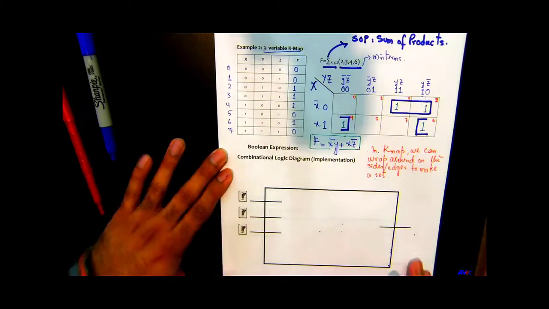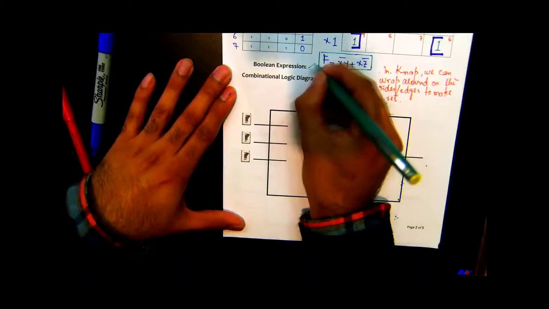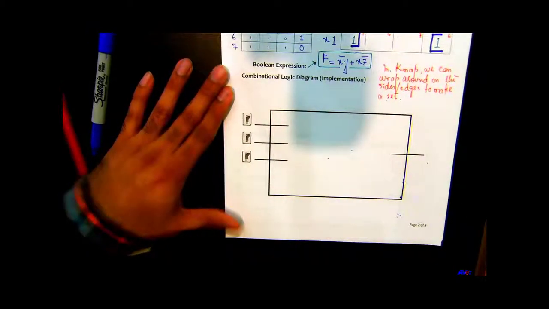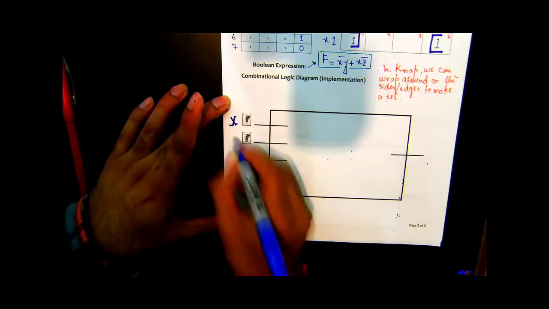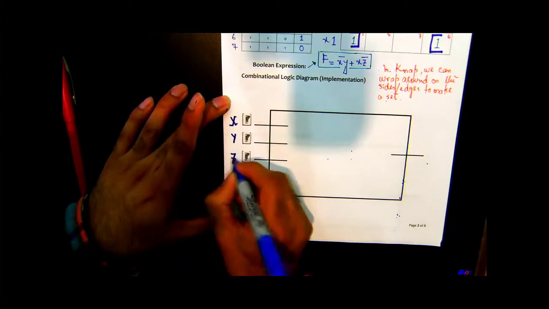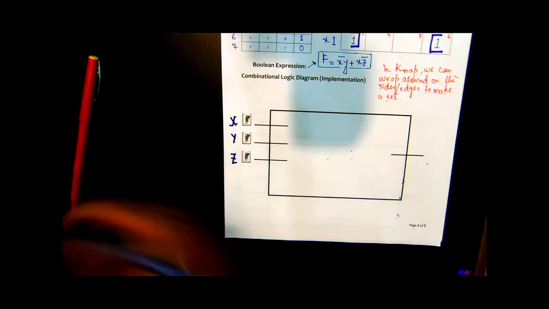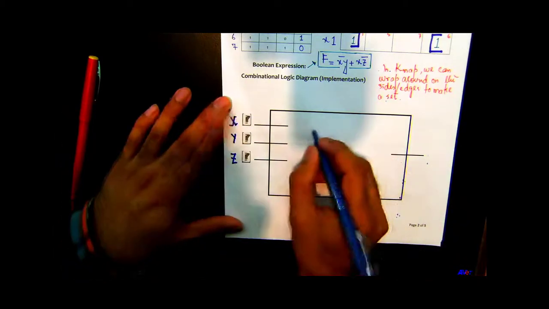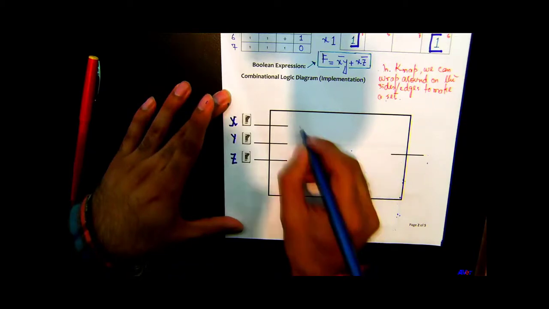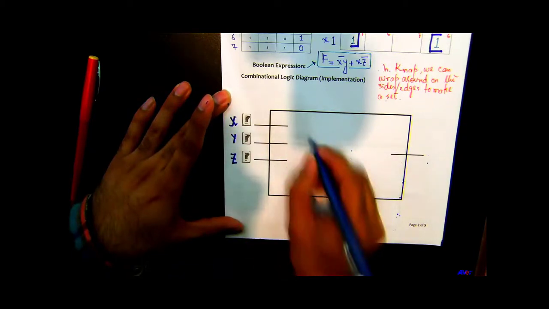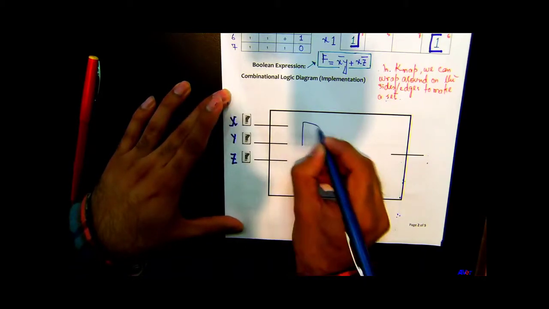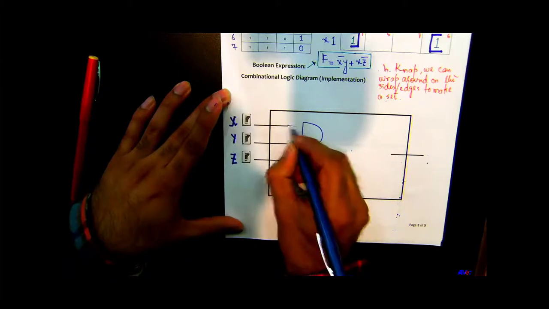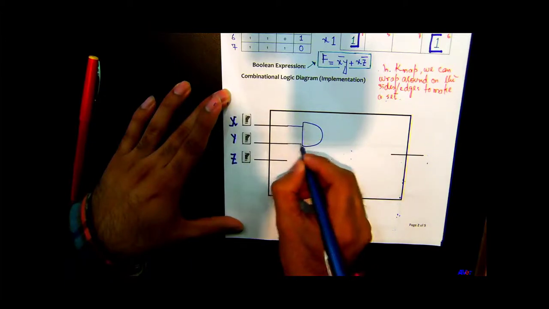Let's just go ahead and make a logic diagram for it also. So again, I got these X, Y, and Z here. I forgot to bring my stencil, so I'm going to do it by hand today. Let's make one AND gate right here, and I got a bubble here.